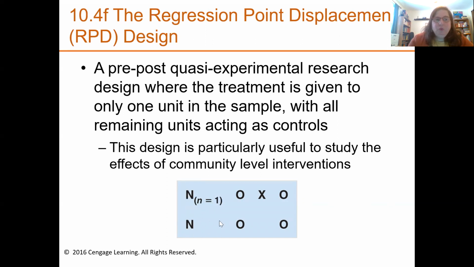And surrounding cities will not get the intervention. All the remaining surrounding cities do not get the intervention. So we can see by comparing the one city that gets the intervention to the surrounding cities that don't, if there is an impact, if it's worth now getting this intervention out to other communities at large. Okay.